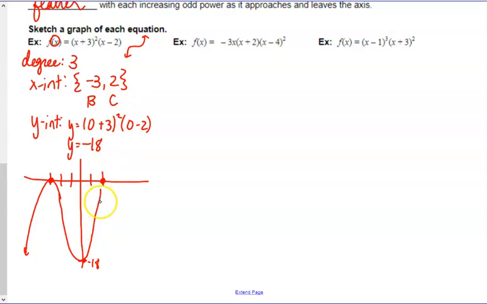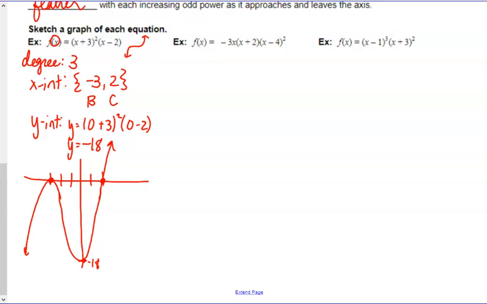At +2, we're cutting through that intercept and going off to infinity. Now, does it have that end behavior where I'm going to -infinity on the left, +infinity on the right? Yes, we are. So that would be a sketch of our graph for this function. Now, obviously, if you want more specific points, you can plug in those points to figure that out.